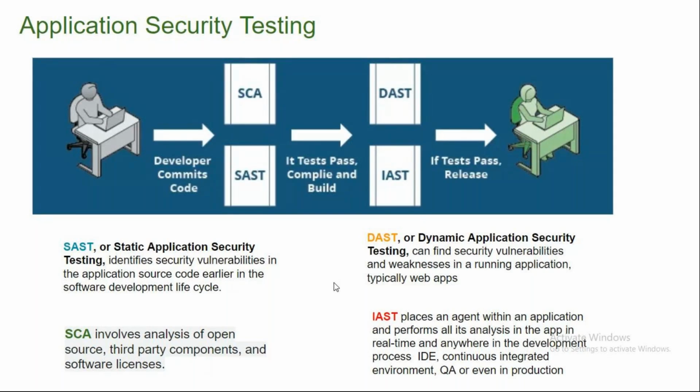It will do the validation at the code level and provide you the test coverage, etc. So SAST is static application security testing. It is one category of application security testing where you run a scan against the code and see what kind of vulnerabilities are there at the code level. That's why it is called static.